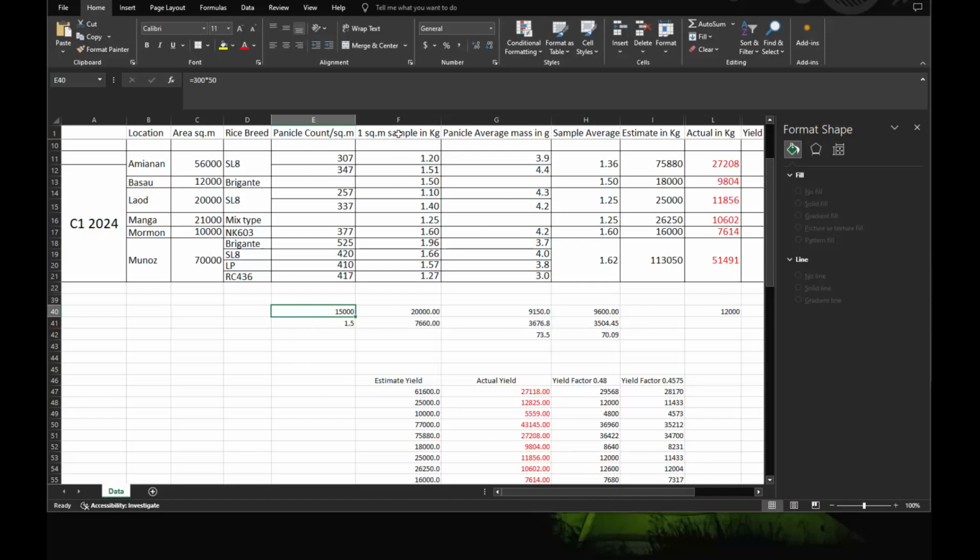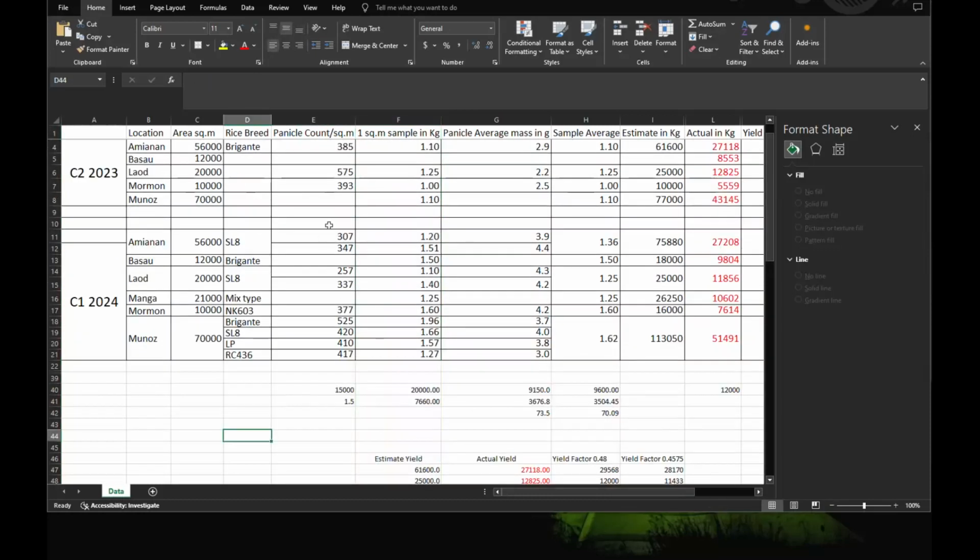I would like to see their square meter sample. If they get these two data, now from this data, what is the average mass of a panicle?